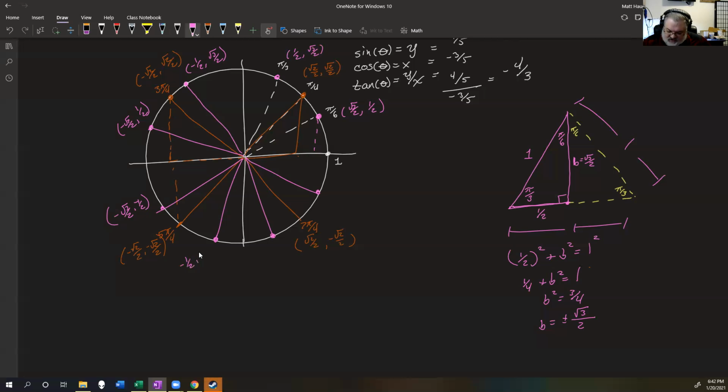The positive and negativeness comes from which quadrant we're in. How do we know where the square root of 3 over 2 and the 1/2 are? Square root of 3 over 2 is longer. So is your x longer or your y longer? So we don't have to memorize all this information. If we know those two triangles and know where our radian measures are, we can build this tool fairly nicely.